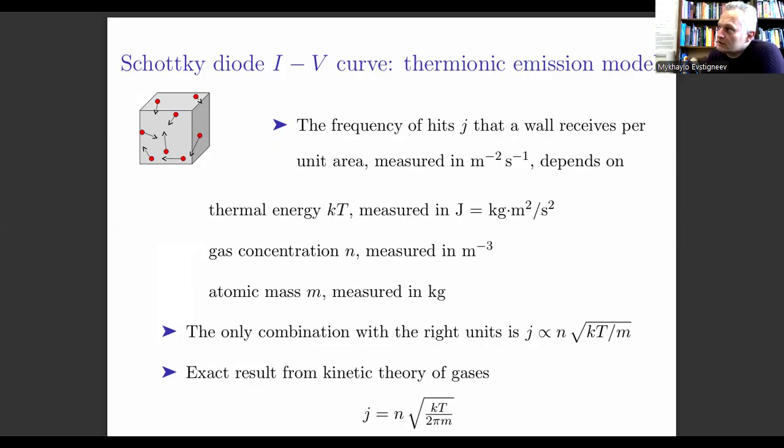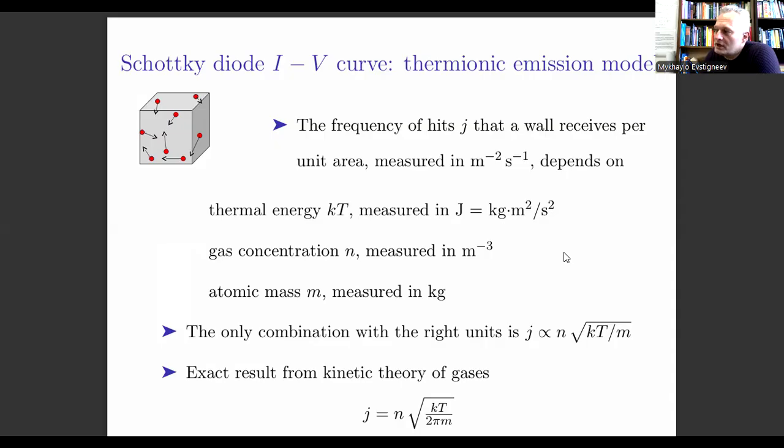Okay, so now we use dimensional considerations to combine these three parameters: temperature, concentration of gas molecules, and the molecular mass, into something which has the right dimension of the number of kicks per unit surface area per unit time, meters to the -2, seconds to the -1. Temperature is measured in kelvins, and kelvin is not as fundamental as the energy unit.